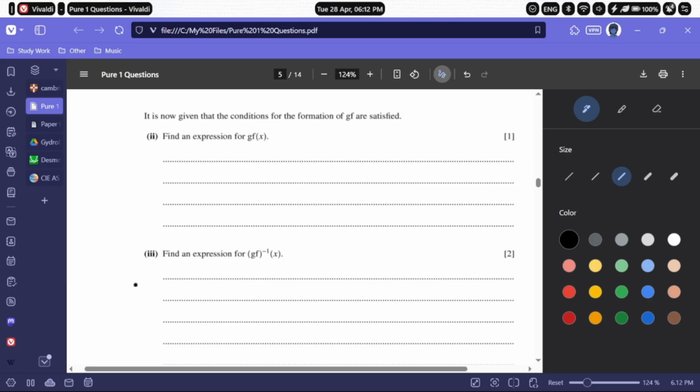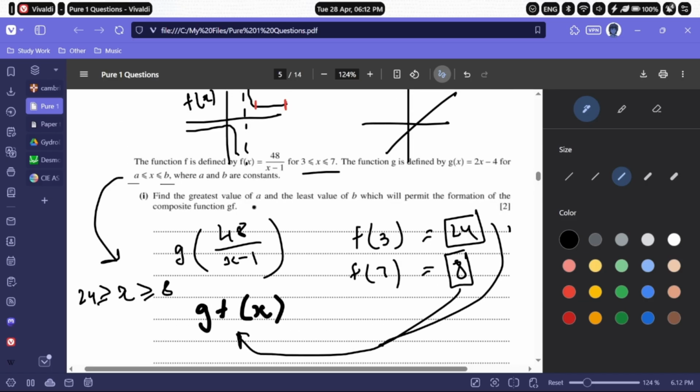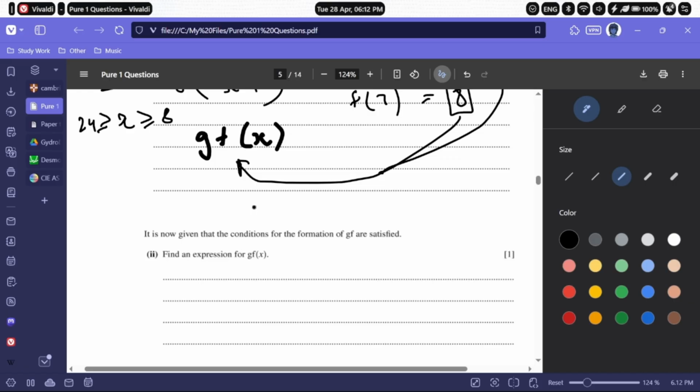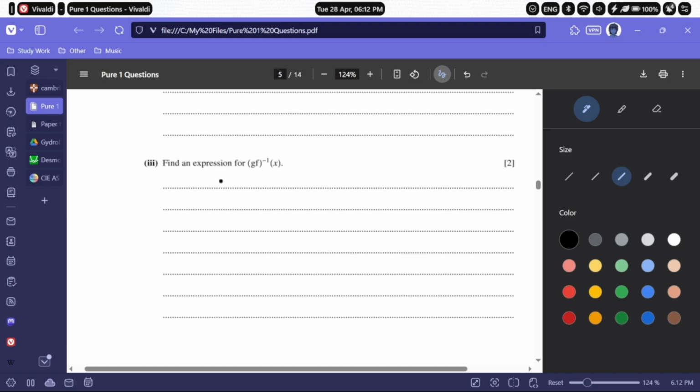Okay, moving on. It is now given that the conditions for the formation of your composite function are satisfied. Now find an expression for fg of x. Let me see if there's some square root thing. Yeah, there is no square root involved in finding this, so I'll skip it. It's pretty straightforward again. Now find the inverse for that.